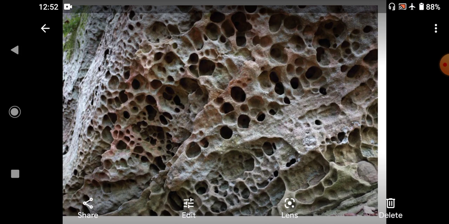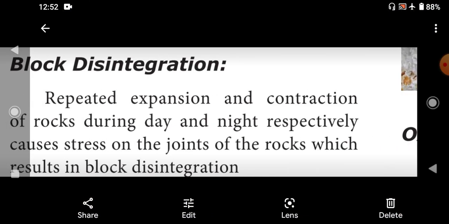Then the third type is block disintegration. Now, listen here. Repeated expansion and contraction of rocks during day and night causes stress on the joints of the rock, which results in block disintegration.